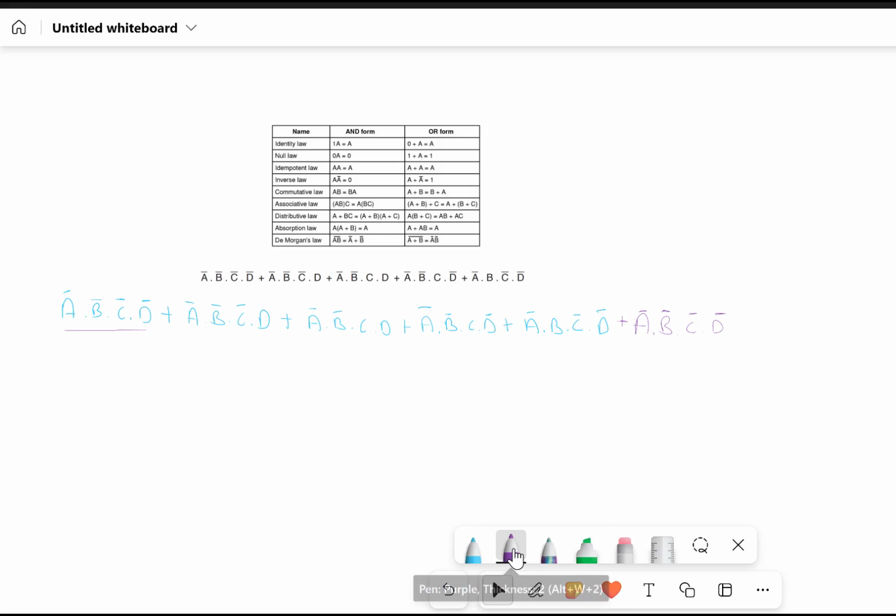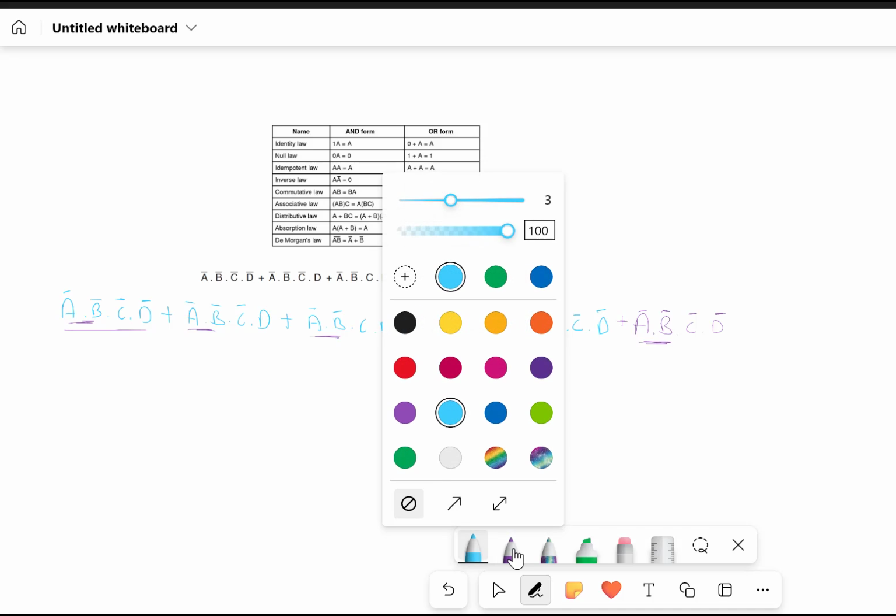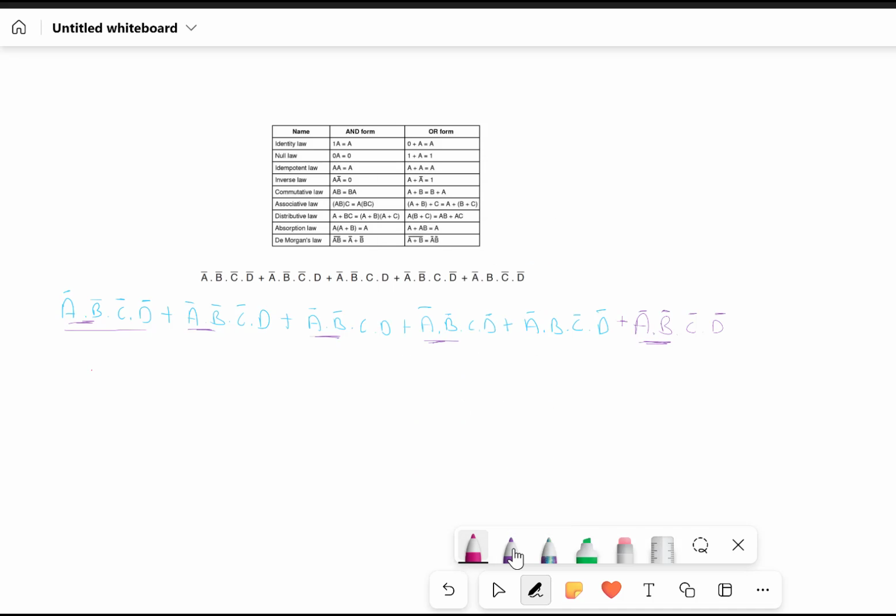I'm going to look for common terms. So we've got not A, not B, not A, not B, not A, not B, and not A, not B. I'm going to factorize them out. By doing this, we're going to be left with not C and not D, so that one.